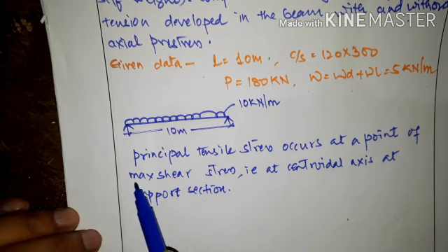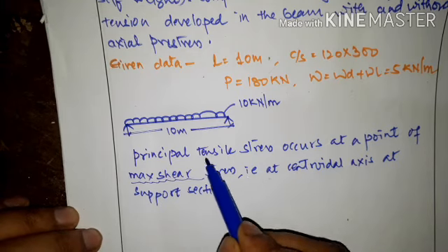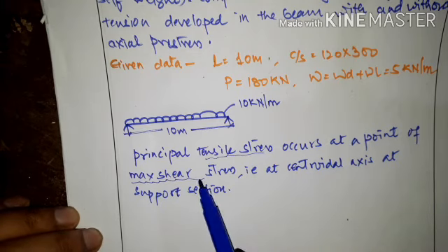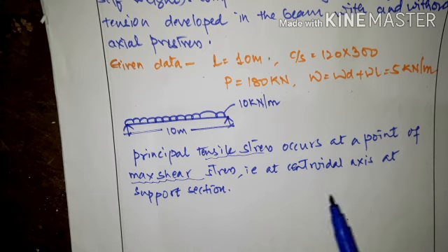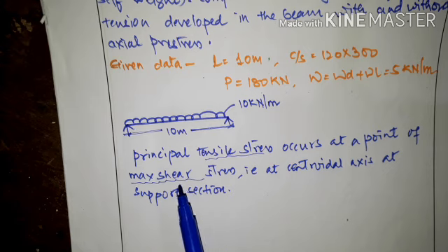Okay, understood? So this is very important. The principal tensile stress occurs at maximum shear stress, that is at the centroidal axis at the support section. So we have to find the maximum shear stress. As I told you, f minimum and f maximum. When f minimum is positive, that means compression, so we don't have to worry about it because concrete is strong in compression.